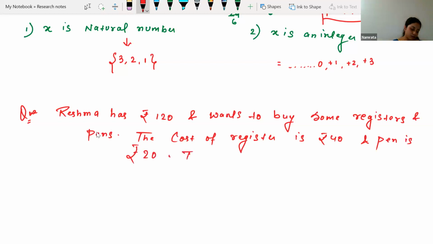Then the total amount is spent by her. Write it in the form of inequality, just like that. Okay, let me write it. Represent it in form of inequality.